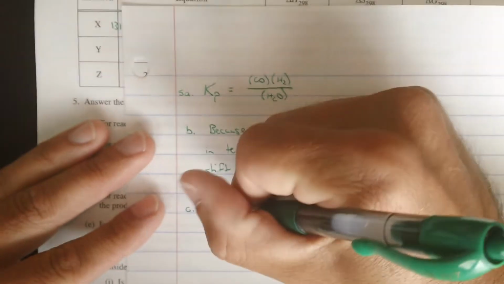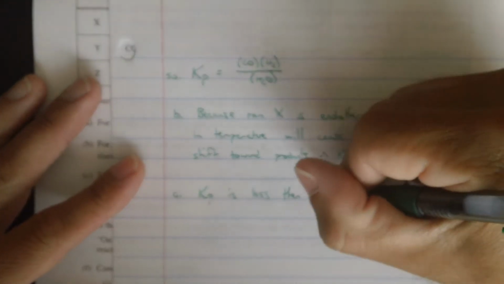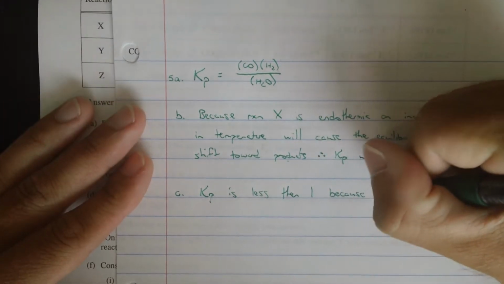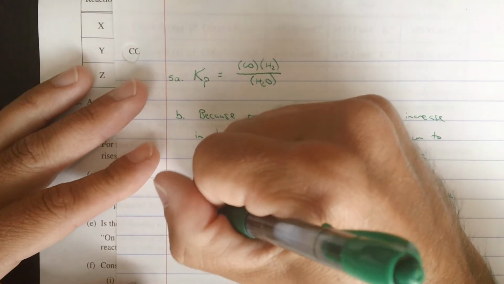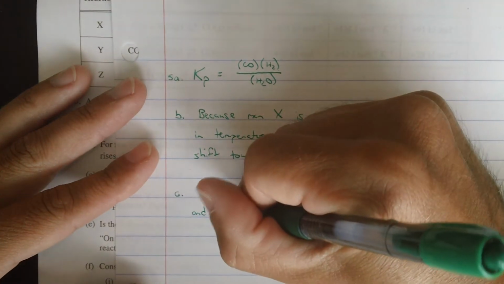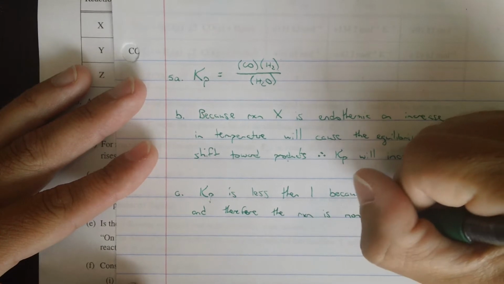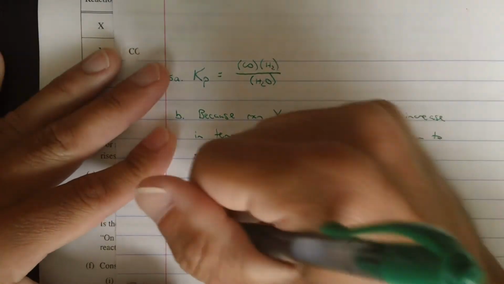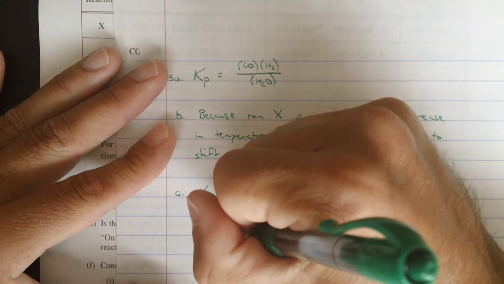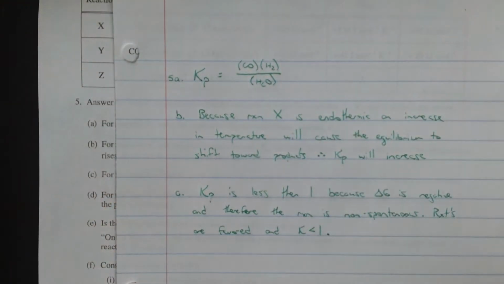So for part C, the answer is Kp is less than 1. Because delta G is positive, and therefore the reaction is non-spontaneous, reactants are favored, and K is less than 1.